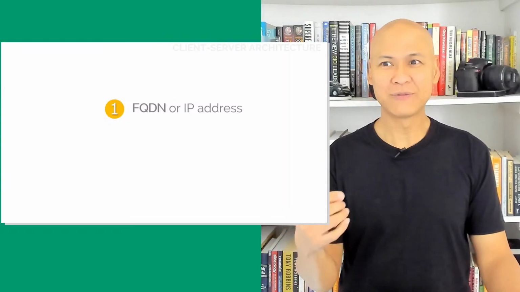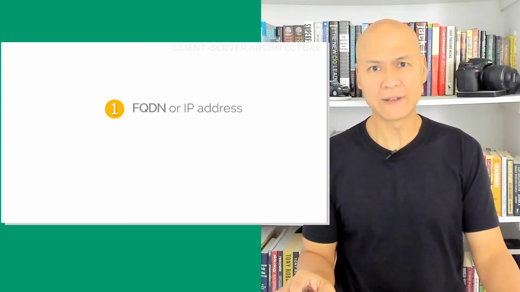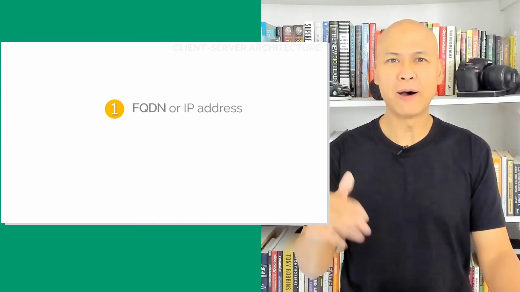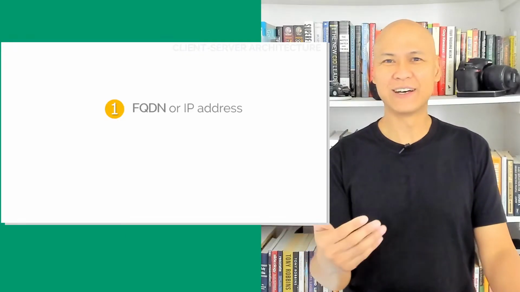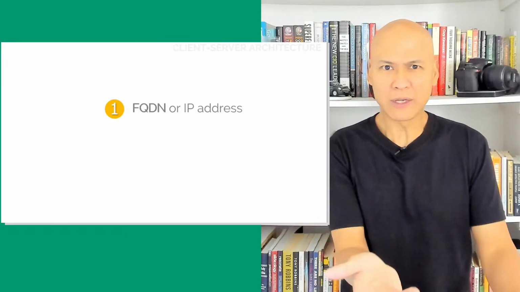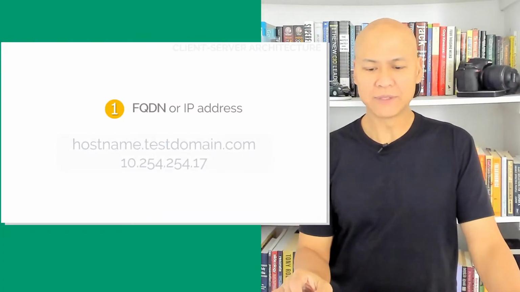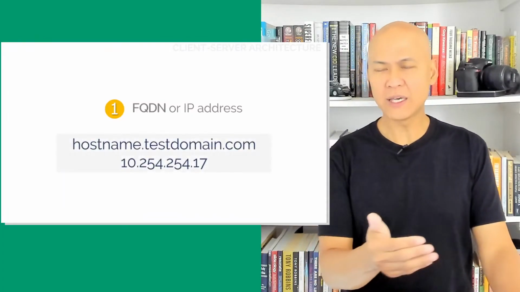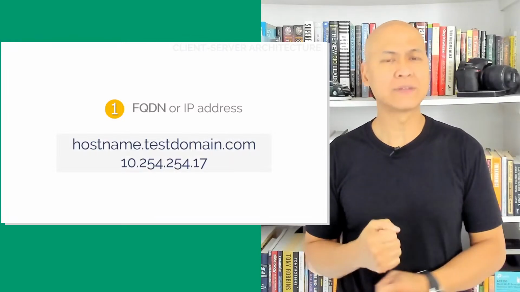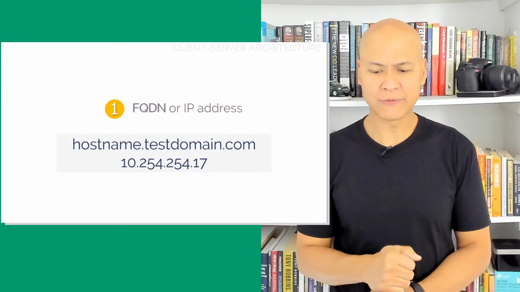Nobody knows what the IP address of www.microsoft.com is, unless, of course, you're the engineer monitoring the status of the website. Okay, we don't. In fact, nowadays we don't even memorize phone numbers. That is where the fully qualified domain name comes in. So in this case, it could be the fully qualified domain name, hostname.testdomain.com, or an IP address 10.254.254.17.